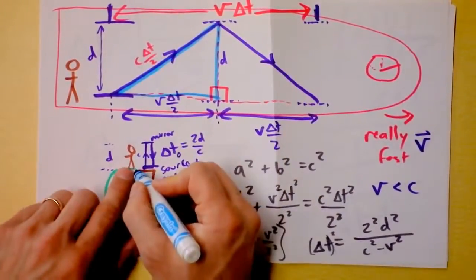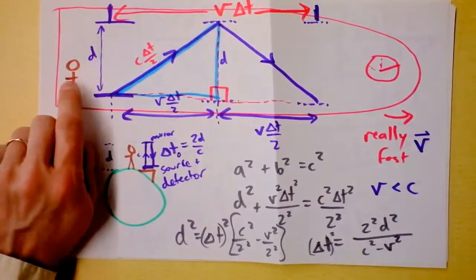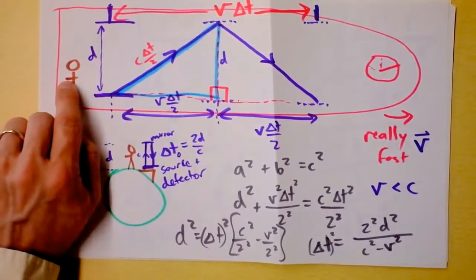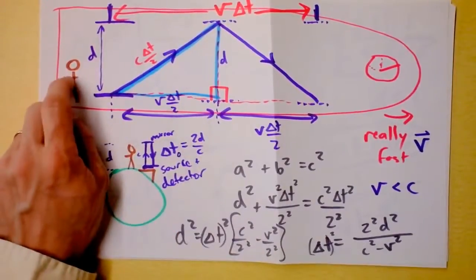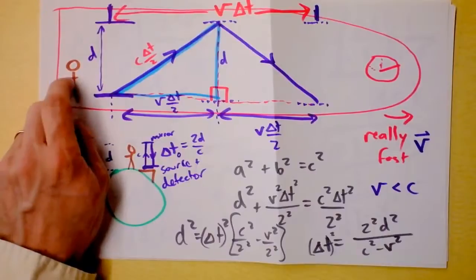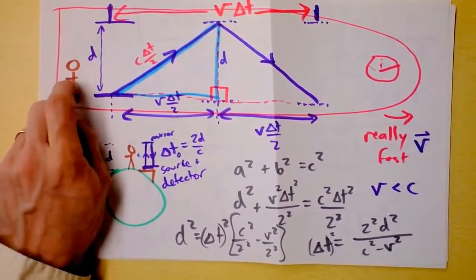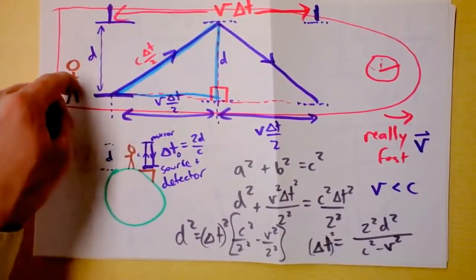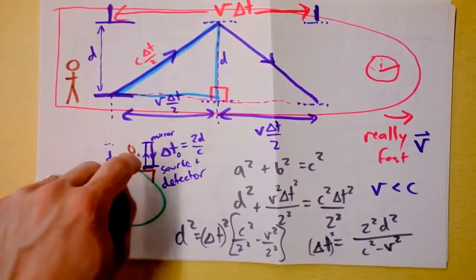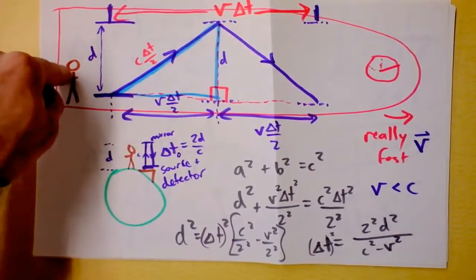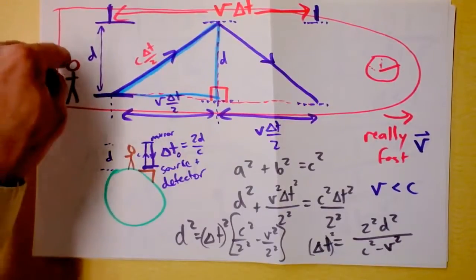When this observer looks at this guy on the rocket ship, he thinks he's moving slowly. He thinks that his machines are processing slowly. This observer thinks that that man is thinking slowly. In fact, he also thinks that he's living slowly. He thinks his heart is beating slower, and he thinks he's going to die later. And he's right. This person sees that guy doing everything slower because time itself is slower for this guy.